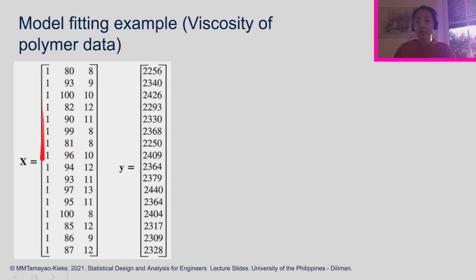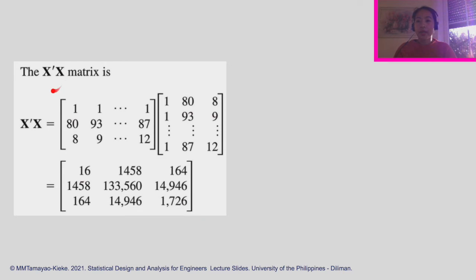So we have 1 in the first column, then these are the temperature values, and these are your catalyst feed values. And then we have here another matrix Y, which is basically the observed values for the response variable viscosity.